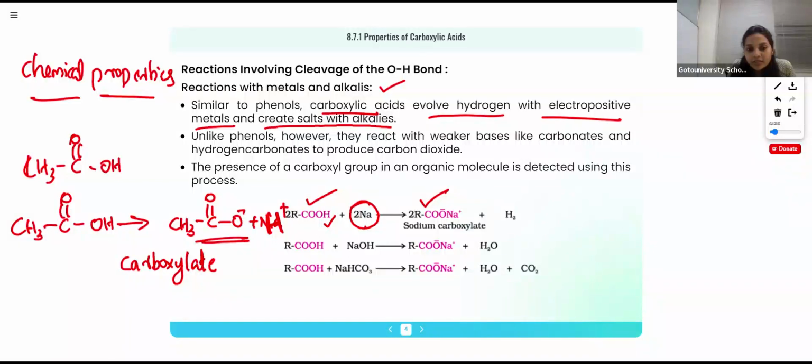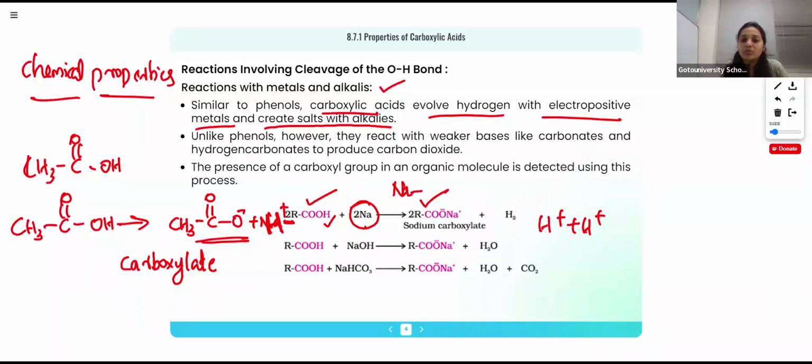Then here you are taking two molecules of acid, right? From each molecule, one H plus will be removed. So those H plus ions will combine to produce a hydrogen molecule. They are getting electrons from the sodium, then the H plus ion will convert into a hydrogen atom. In order to combine with the COO minus ion, sodium has to lose one electron.